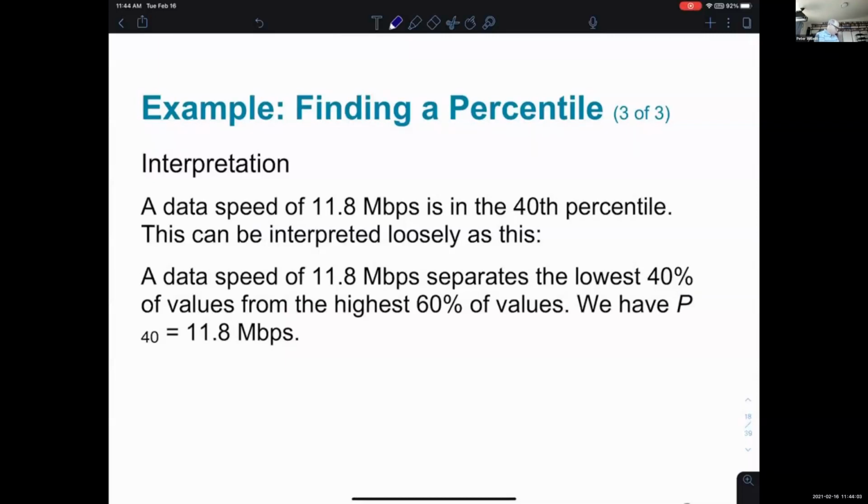This can be interpreted loosely as a data speed of 11.8 megabits per second separates the lowest 40% of values from the highest 60% of values. We have P sub 40. That was a very badly made slide because they put the sub on the next line. P sub 40, there should be a P over here. P sub 40 is equal to 11.8.